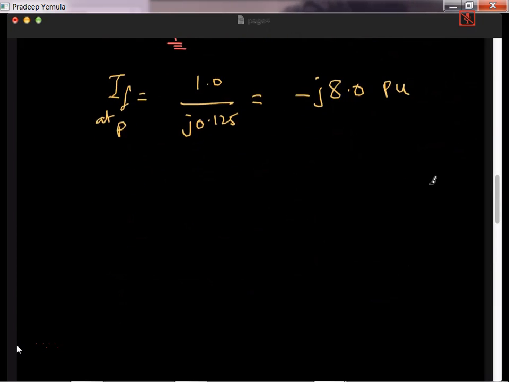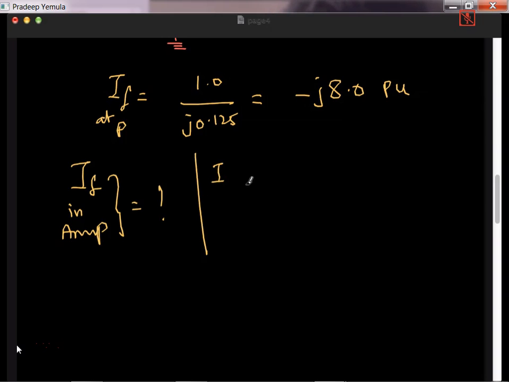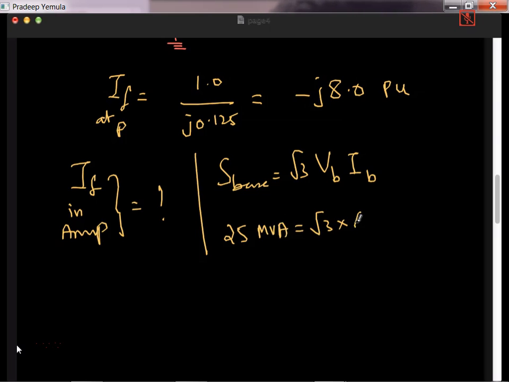So that comes to a question, what exactly is the fault current? So fault current in amperes is what? So for that you find out the I base. We know that S base is nothing but root 3 into VB into IB. What is S base for that part of the system? That is 25 MVA, is nothing but root 3 into V base, 6.9 kilovolts, into I base.